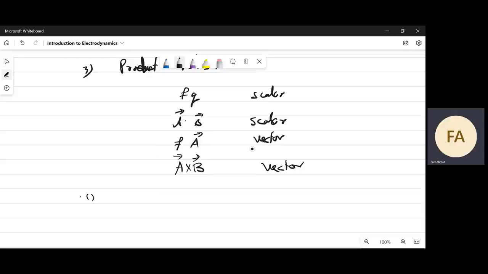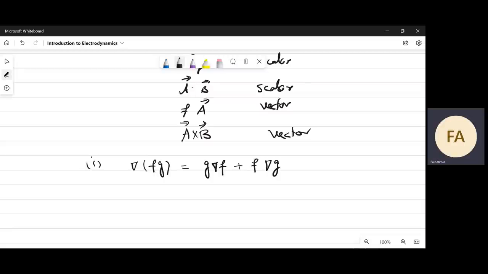The first one is del of fg, and it turns out to be g del f plus f del g. Likewise, we have the scalar A dot B, and we can take the gradient of this scalar function.